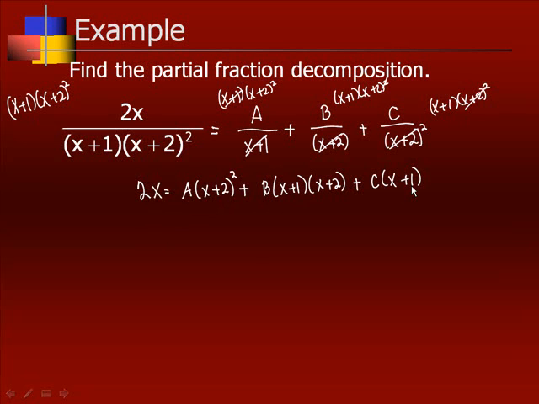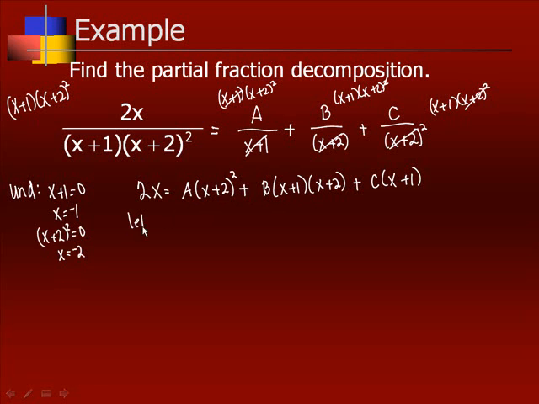I think it was a little bit easier plugging in those factored forms, so I'm just going to leave it. Now remember, we can pick anything, but it's easier to pick values that would make the expression undefined. So x plus 1 equals 0 means x is negative 1. X plus 2 squared equals 0 means x is negative 2.